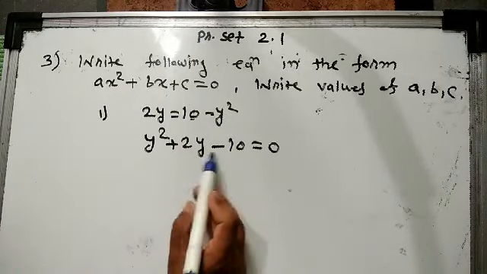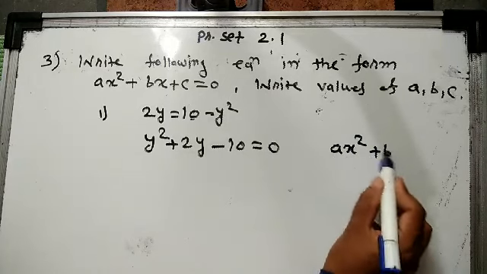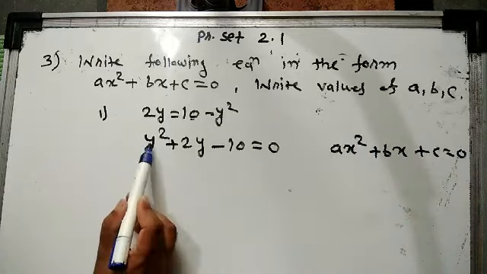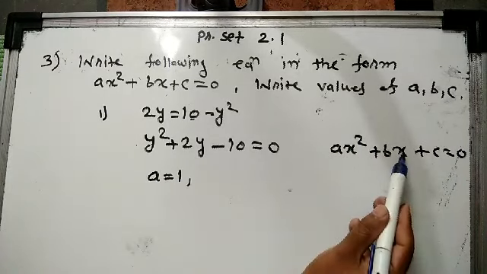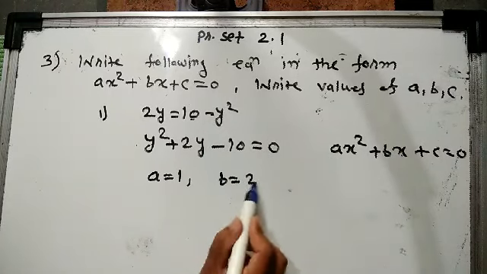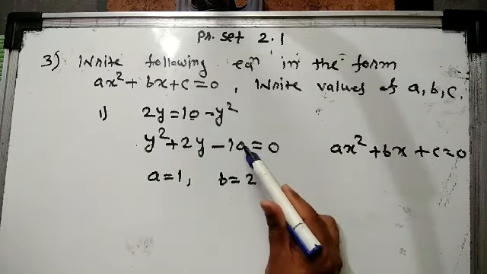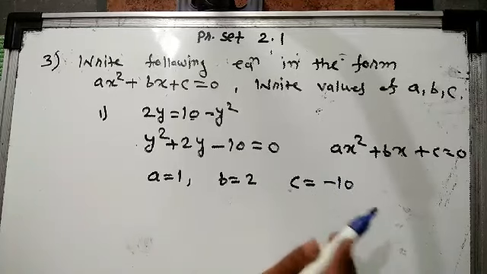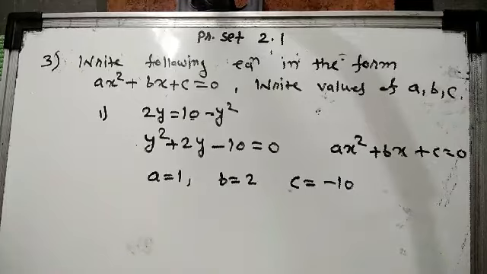When we compare this equation with the standard form, that is ax square plus bx plus c is equal to 0, the value of a, that is coefficient of y square, is 1. The coefficient of y is 2, therefore value of b is 2, and the constant term is minus 10, therefore the value of c is minus 10. This type of problem is again for 1 mark.